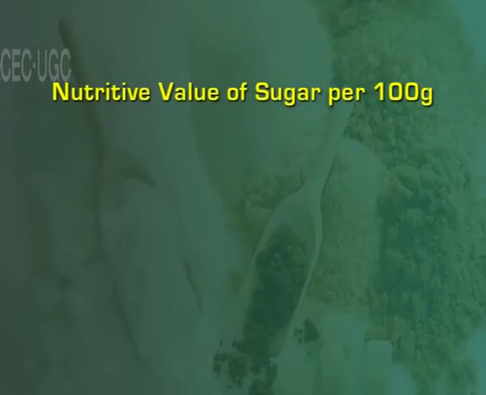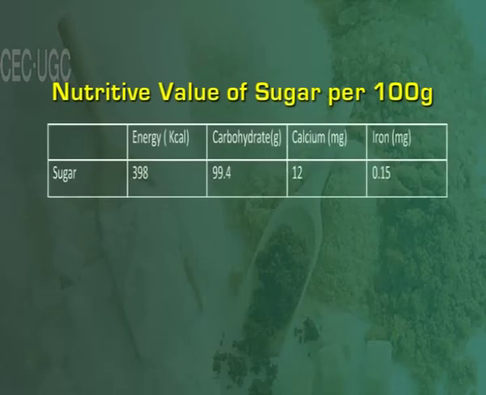Let us understand the nutritive value of sugar per 100 grams. About 100 grams of sugar gives us 398 kilocalories of energy and 99.4 grams of carbohydrate, about 12 milligrams of calcium and 0.15 milligrams of iron. So, this shows it is a very poor source of calcium and iron, or the minerals.